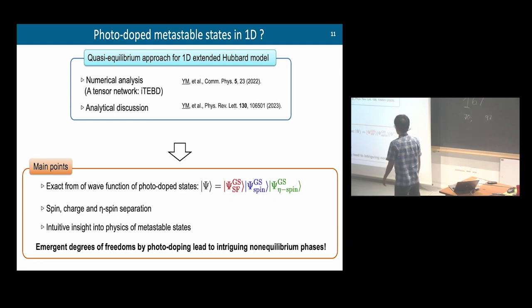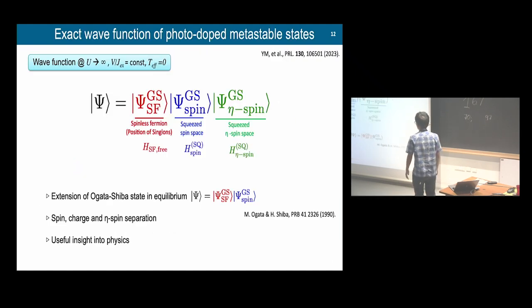The major findings are shortly summarized as follows. We actually found an exact form of the wave function of the photodoped system, and from this form, many interesting physics can be predicted for the photodoped system. So let's look into detail.